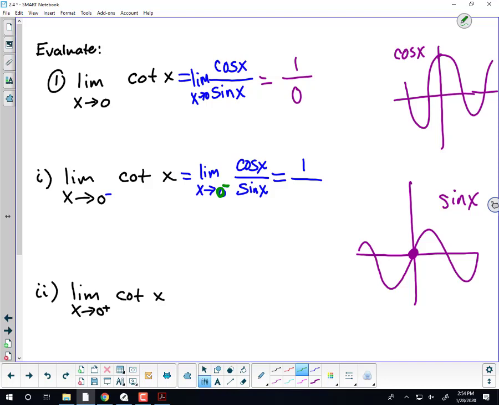Here's the sine function. I'm approaching 0 on the left. These are all negative values. So what's that limit? Negative infinity. Positive 1 over negative gives us a negative, and the denominator approaching 0 gives us the infinity.